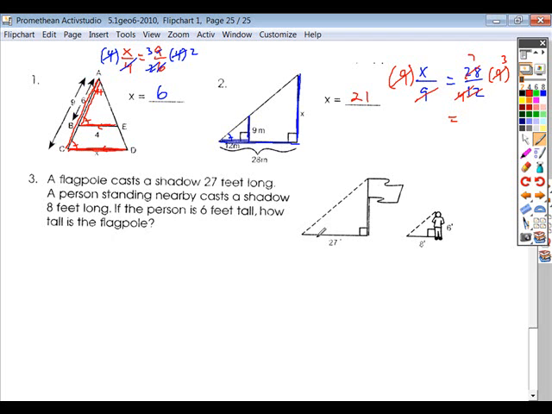And the reason for that is you assume that the sun relative to both you and the flagpole is casting the exact same angle. This is called an angle of incidence, or angle of elevation here, sorry. And so this angle of elevation from the sun down is the same for both of these cases.